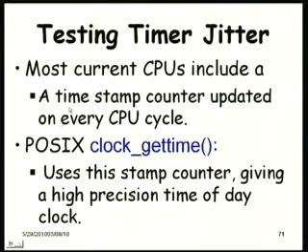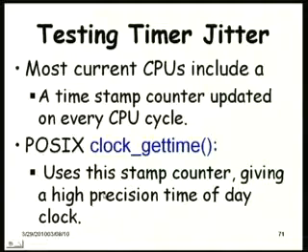All real-time operating systems include a timestamp counter, and even in POSIX real-time, we have the clock_gettime system call. Either you can directly read the counter, or you can give a call to clock_gettime, and this will give the high-precision time of the day, which will be a large number.